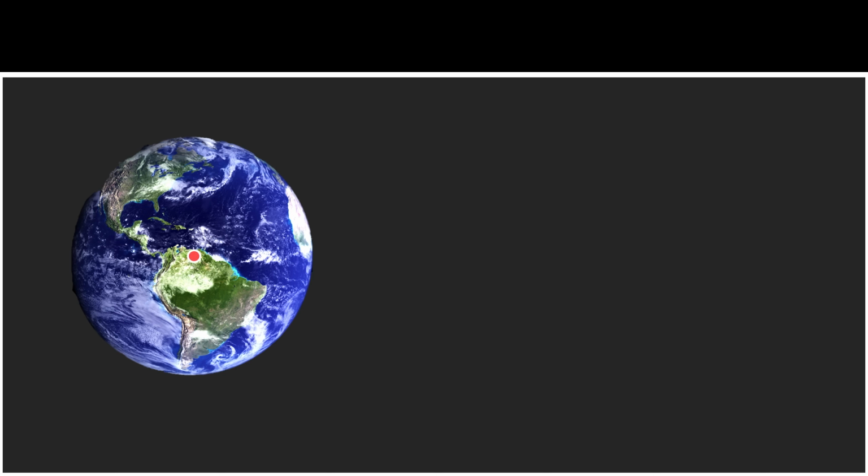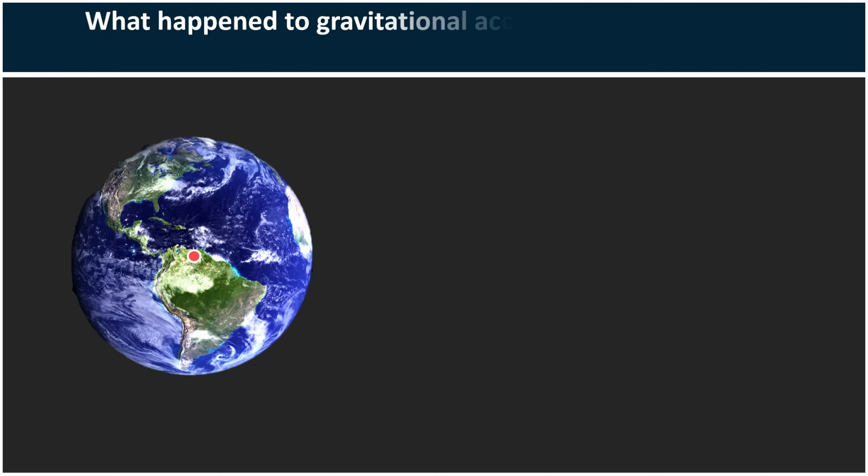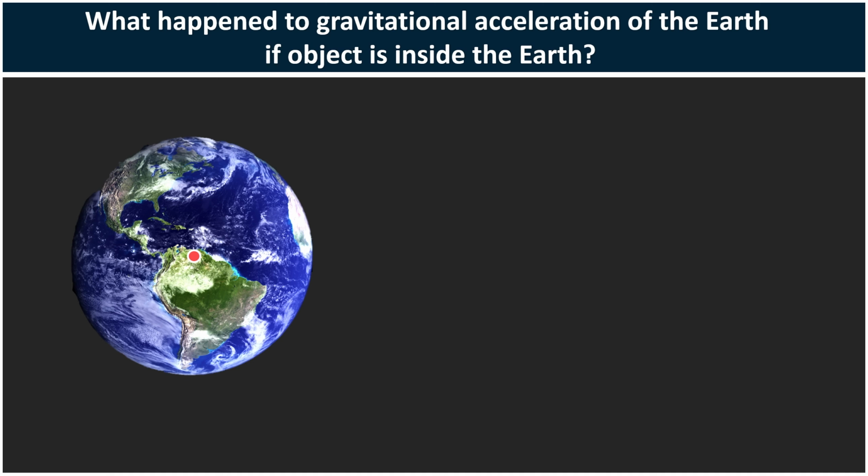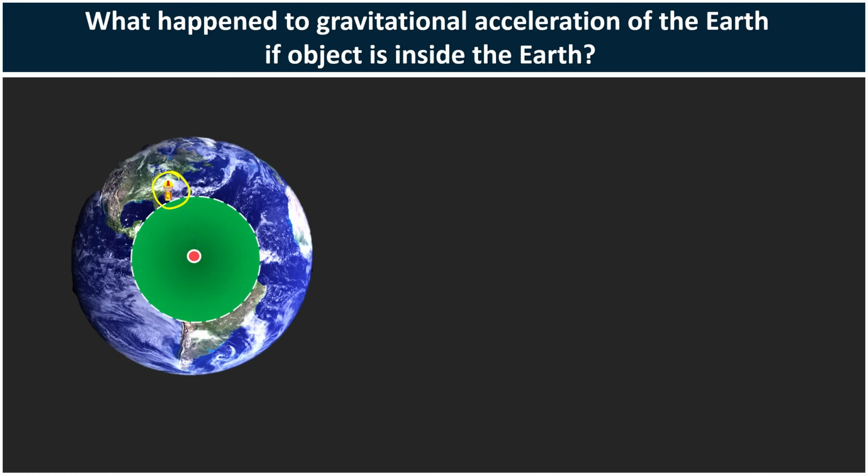So now we're going to discover what happens to the gravitational acceleration when the Earth digger decides to dig into the Earth. When she arrives in the inner part of the Earth, you can imagine now, this girl is stepping onto a smaller version of our Earth, where the blue colored region here no longer exerts a net gravitational force on her.